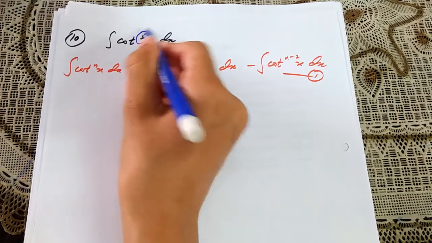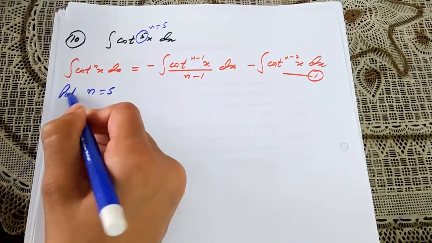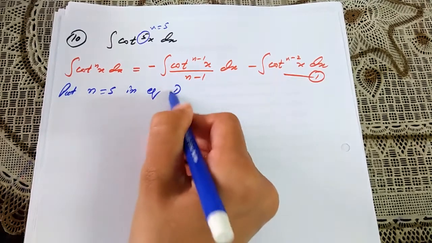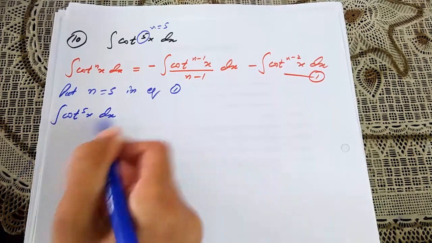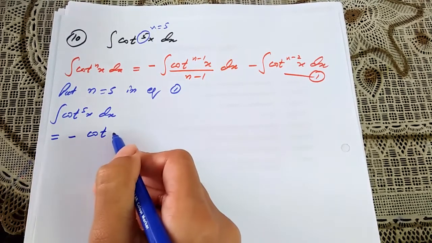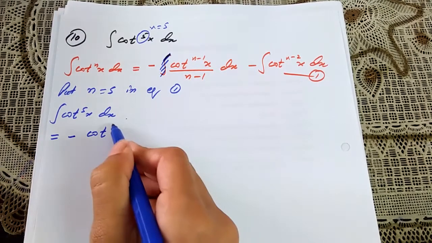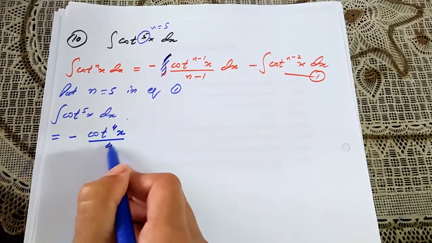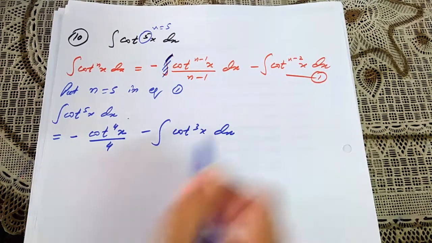Now n here is 5, so put n is equals to 5 in equation number 1. We will get here cotangent 5 of x dx equals to minus cotangent 4 of x over 4 minus integral cotangent 3 of x dx.